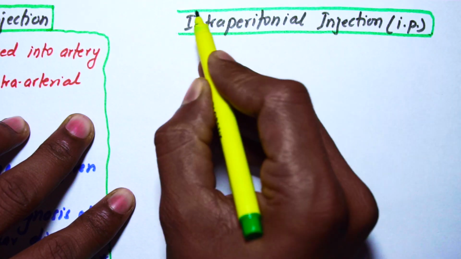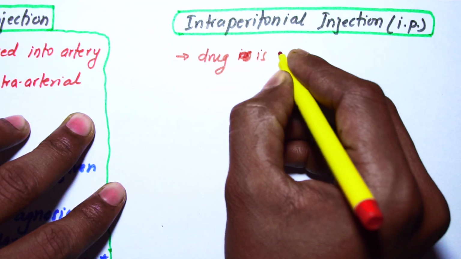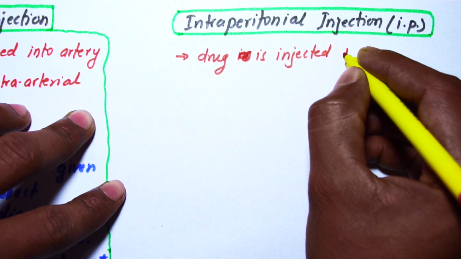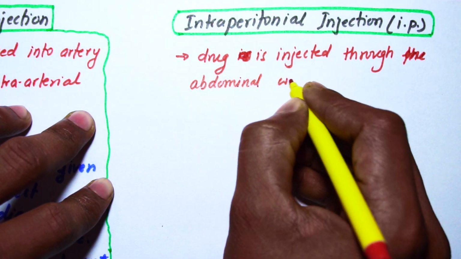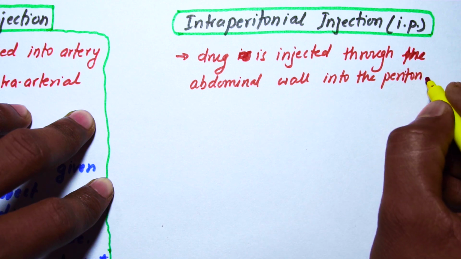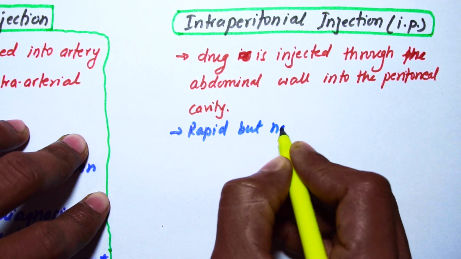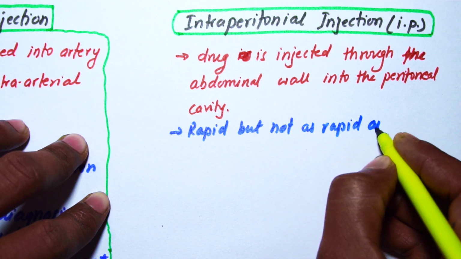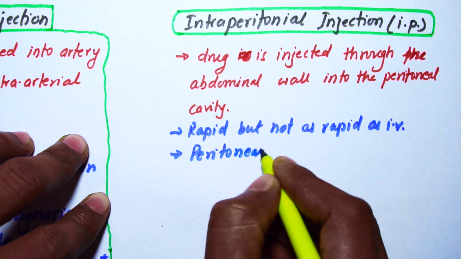Now we will discuss intraperitoneal injections. Here the drug is injected through the abdominal wall into the peritoneal cavity. This route is very rapid, but not as rapid as the intravenous route. So what is the peritoneal cavity?